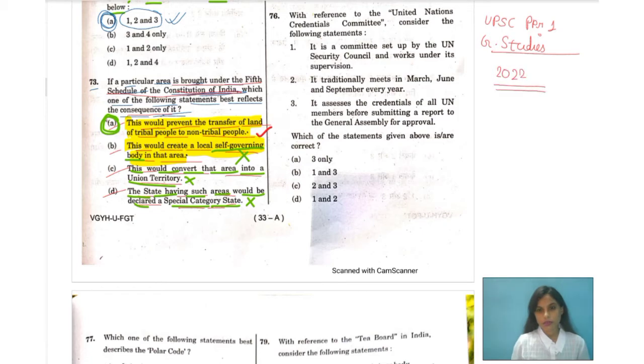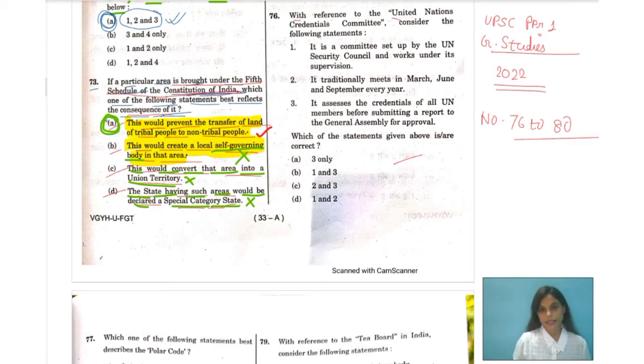We are going to solve from number 76 to 80. Till now we don't know from which fields these 5 questions have come, so let's go through these questions, and then we can determine at the end from which sections we got these kinds of questions.